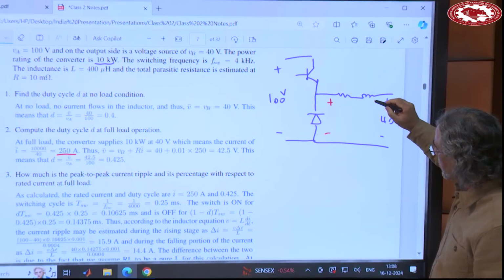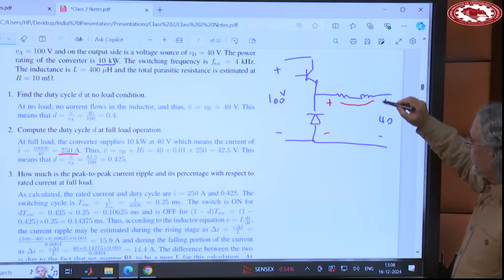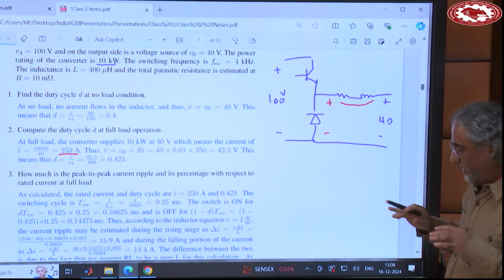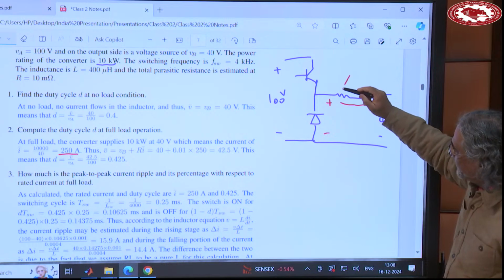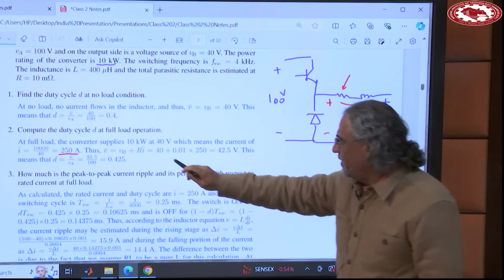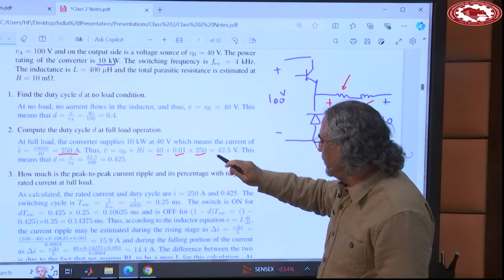40 plus the voltage drop across this one. Right? Voltage drop across this one at the DC level will be only this one, because the inductor will have no voltage drop. So 40 plus 10 milliohm into 250, 42.5.